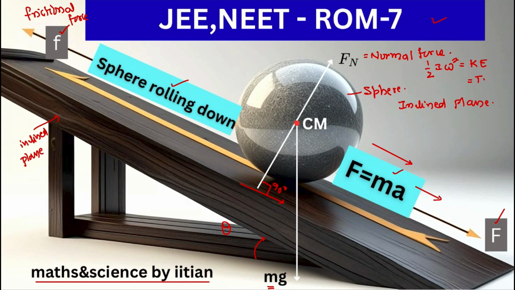Now, we have to resolve this particular mechanics problem, and let R be the radius of the sphere, and the center of the sphere is the center of mass, Cm.